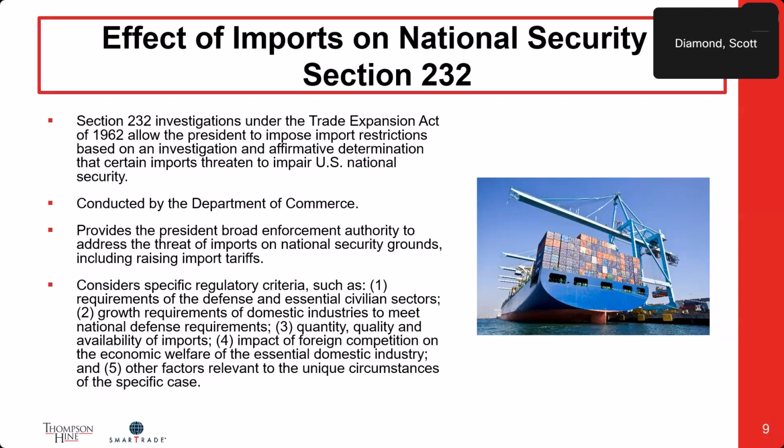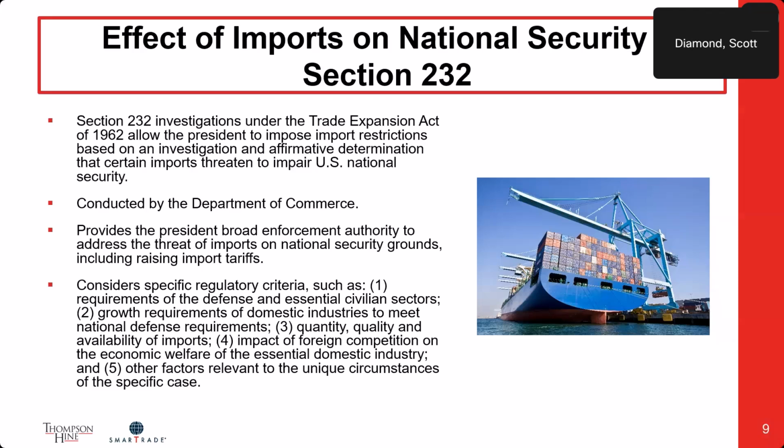They may recommend increased duties on the imports, a tariff rate quota on the product, a modification or imposition of any other restrictions. Upon presenting its report, the president is the sole arbitrator here, so to speak, that decides which, if any, of those recommendations will be implemented.